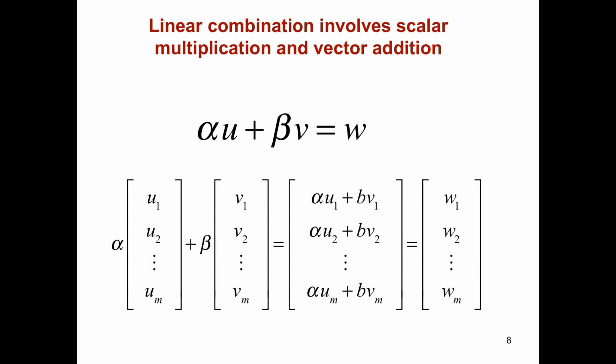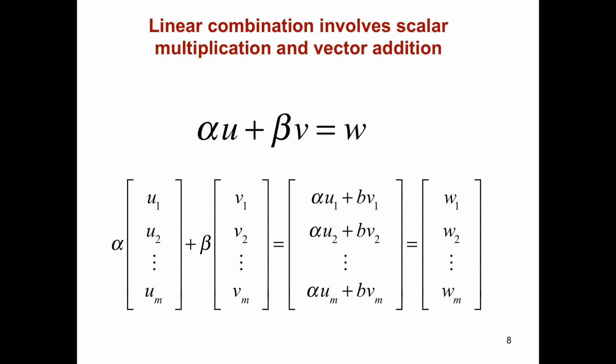Space has a dimension that is equal to the largest number of independent vectors, vectors that cannot be expressed as a linear combination of others. So if I have a three-dimensional space, I have three vectors. We refer to them as a basis, 1, 0, 0, 0, 1, 0, 0, 0, 1. And every other vector is a linear combination of those three.